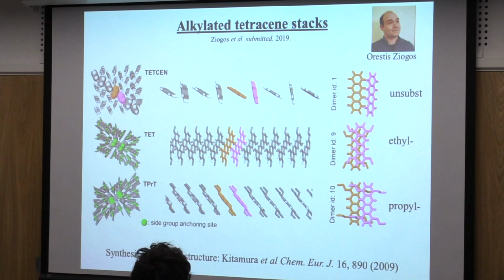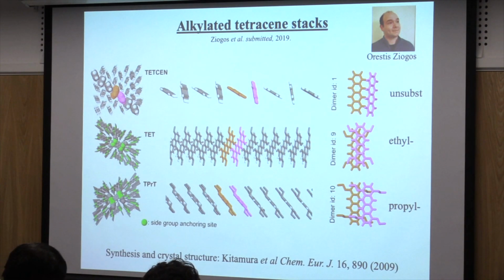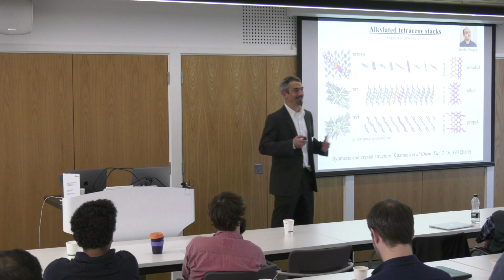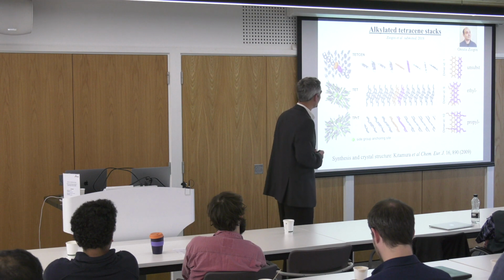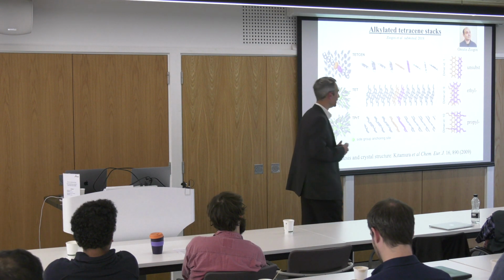We looked at this because people in Japan have synthesized promising tetracene derivatives, and they have also deposited crystal structures, and this is what we need for our simulations. We are not doing crystal structure prediction. We need crystal structures.